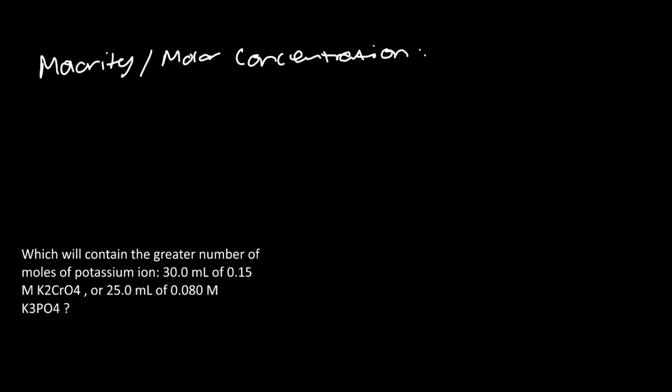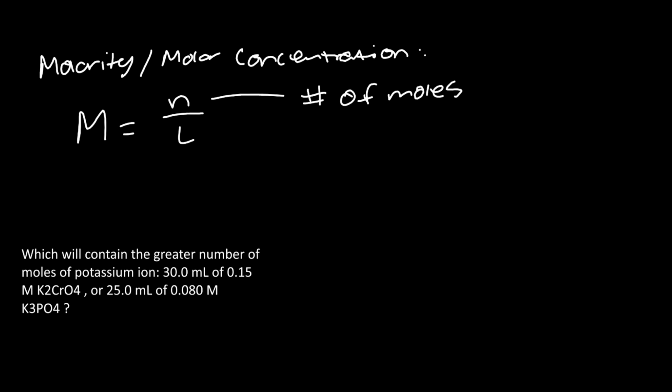Essentially, molarity is M equal to n over L, where n is the number of moles and L is liters of solution. We can use this equation to solve problems like the one below. So let's look at this problem.